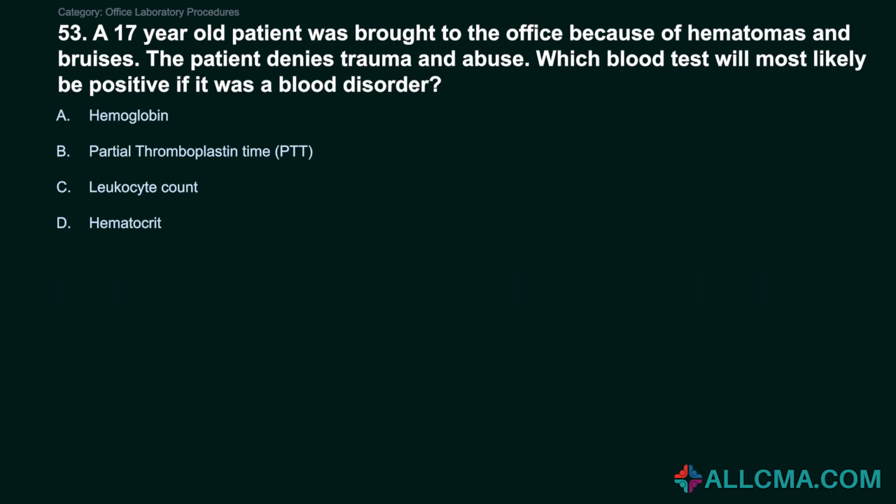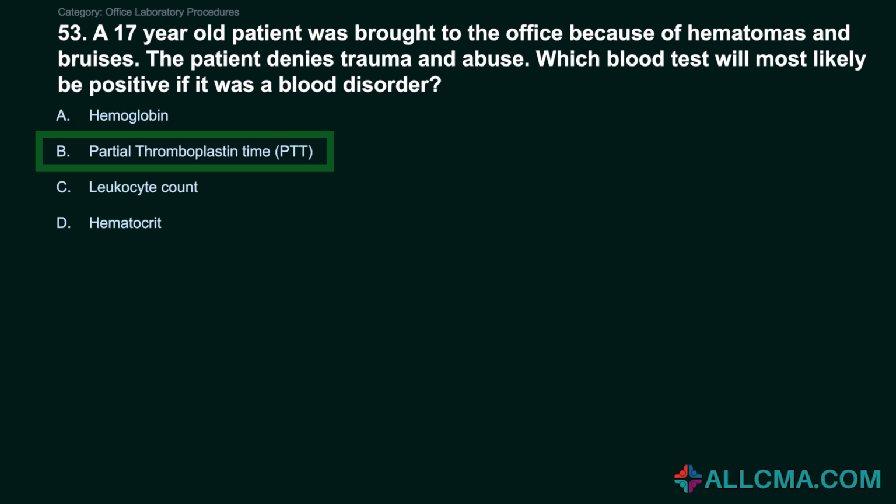53. A 17-year-old patient was brought to the office because of hematomas and bruises. The patient denies trauma and abuse. Which blood test will most likely be positive if it was a blood disorder? A. Hemoglobin. B. Partial thromboplastin time, PTT. C. Leukocyte count. D. Hematocrit.